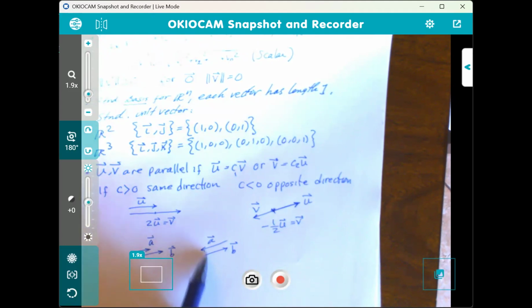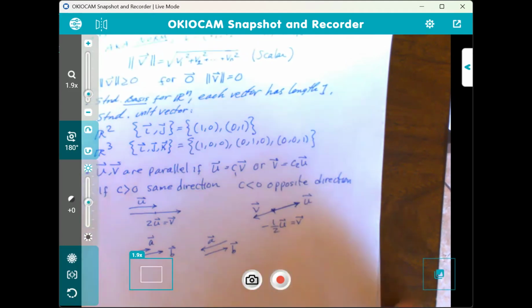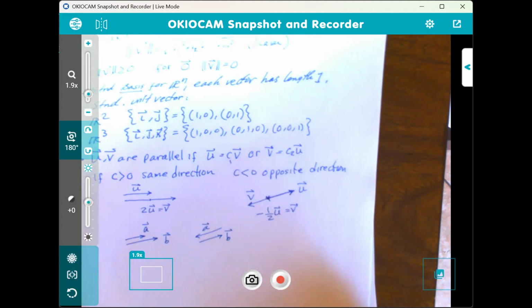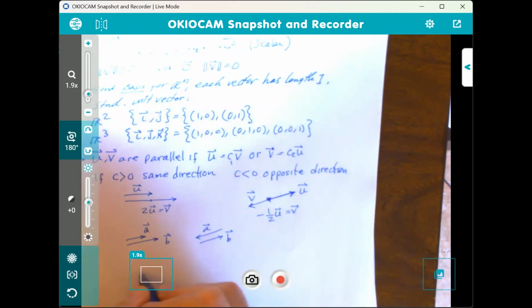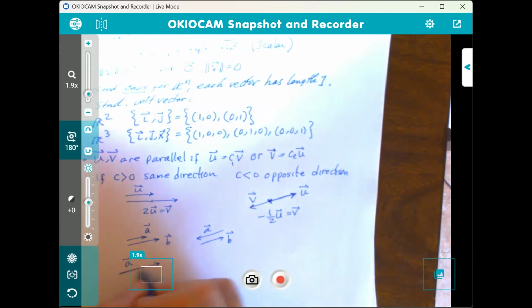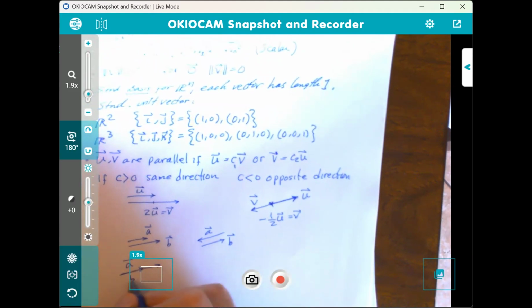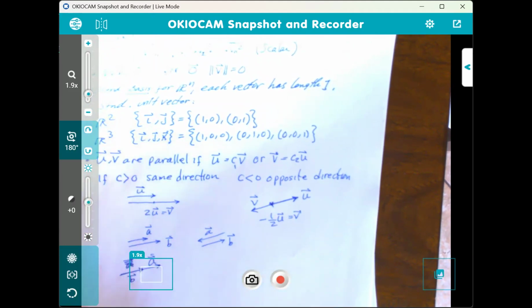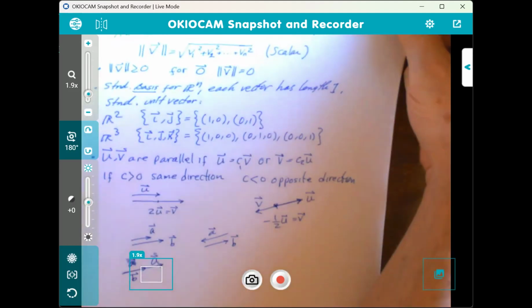And because you can translate vectors, we can move them from one location to another. So I can think of these two vectors, A and B, like this. A is the longer of the two vectors.